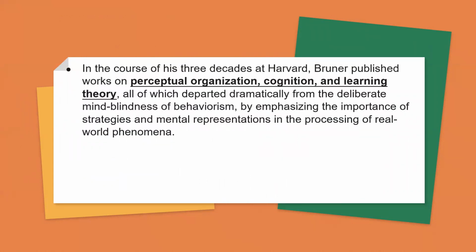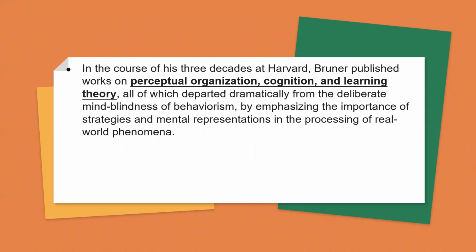In the course of his 3 decades at Harvard, Bruner published works on perceptual organization, cognition, and learning theory, all of which departed dramatically from the deliberate mind-blindness of behaviorism by emphasizing the importance of strategies and mental representation in the processing of real-world phenomena.